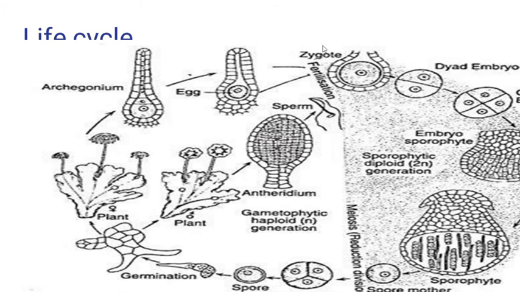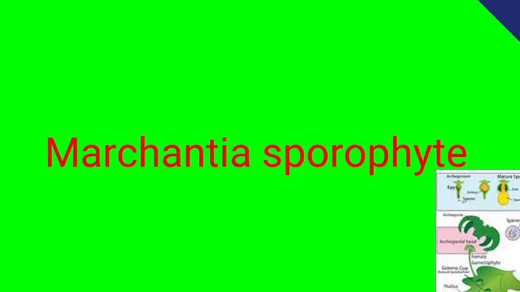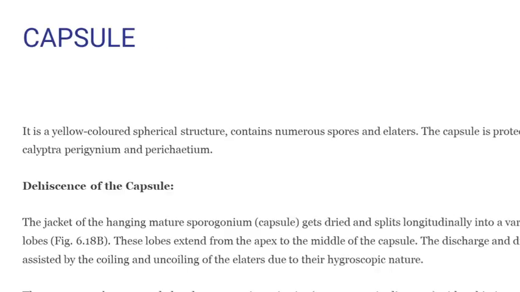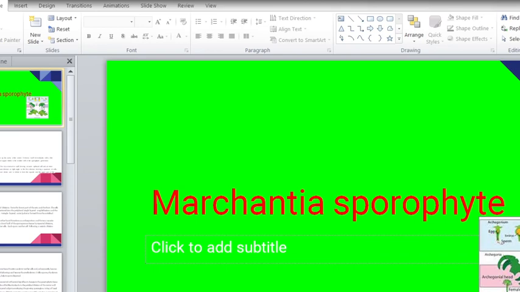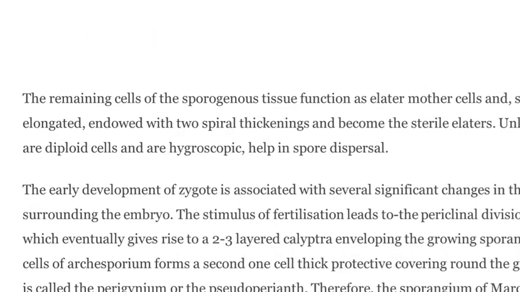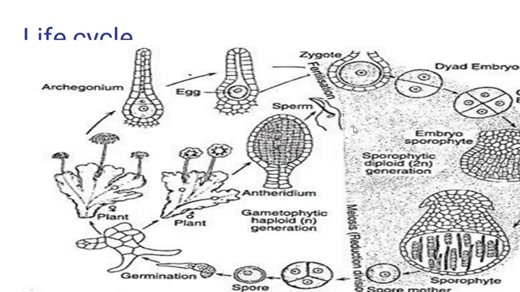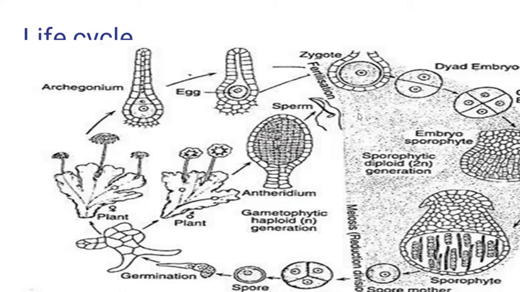So in this way the gametophyte develops again. Now you see the life cycle of Marchantia. It shows the alternation of generations, the sporophytic phase and the gametophytic phase. From the zygote to the spore dispersal, all these are sporophytic phases.